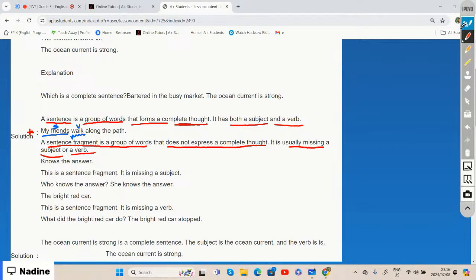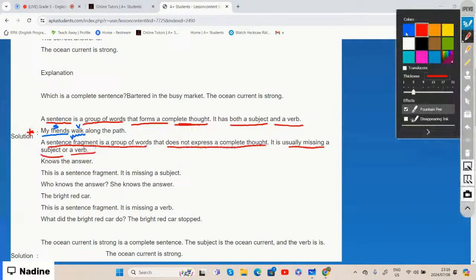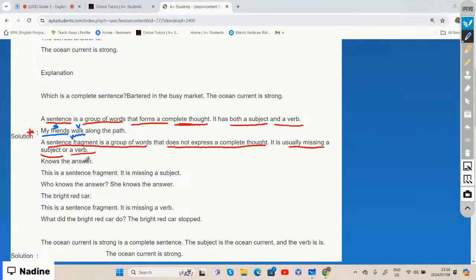And if we look at the examples of a sentence fragment, then here it is: knows the answer. So if we look at that sentence, knows the answer, our question is, who knows the answer? And they're not telling us who knows the answer, right?